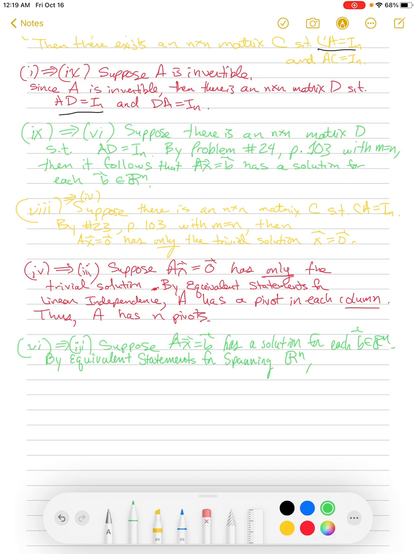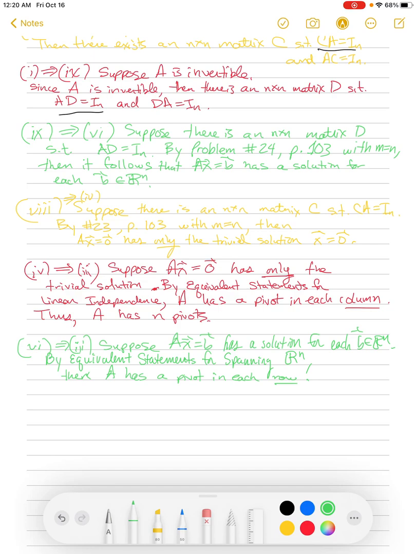And another way of saying the columns of A span Rn was that there's a pivot in every row, right? So A has a pivot in each row. I'm going to underline that word row.